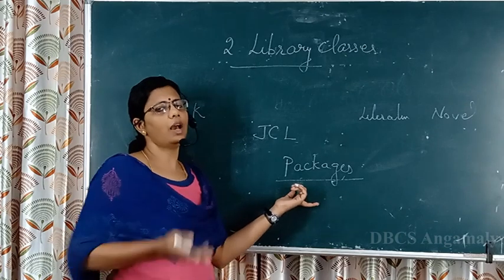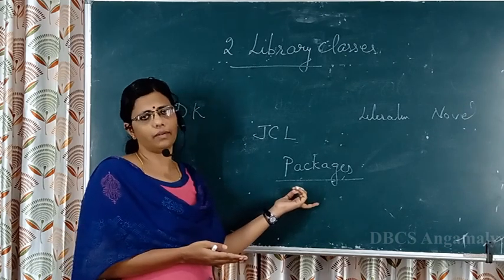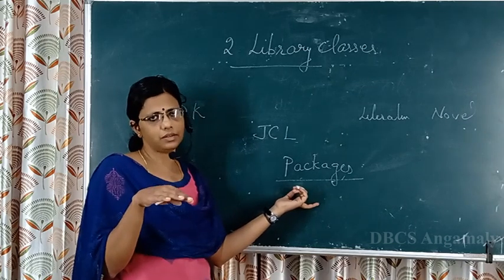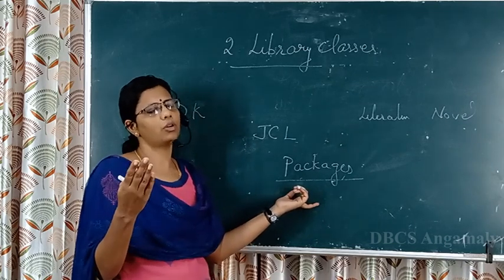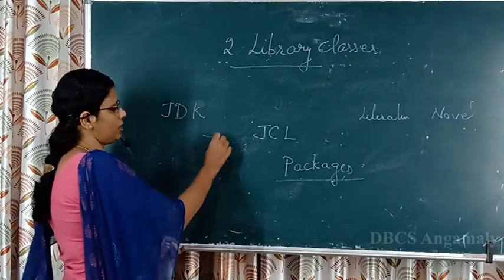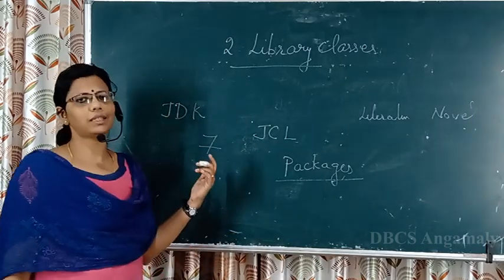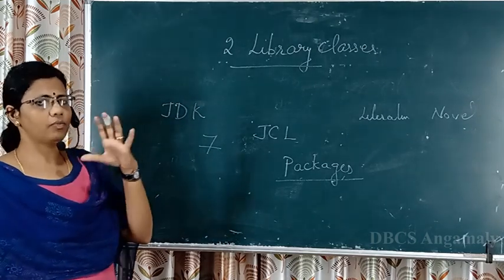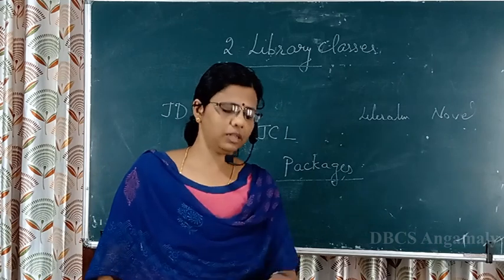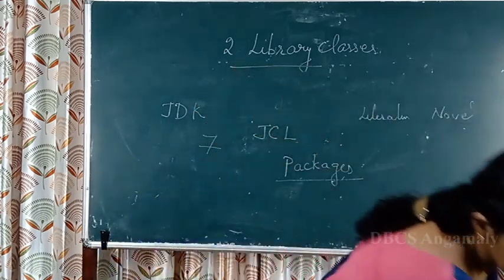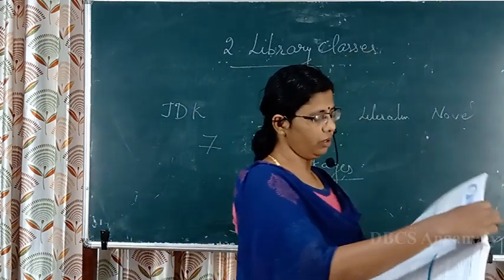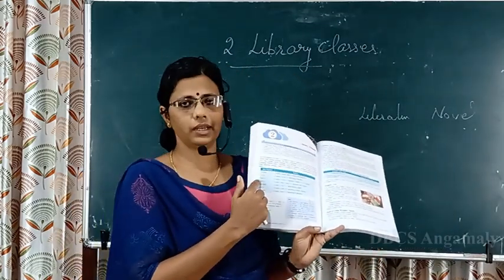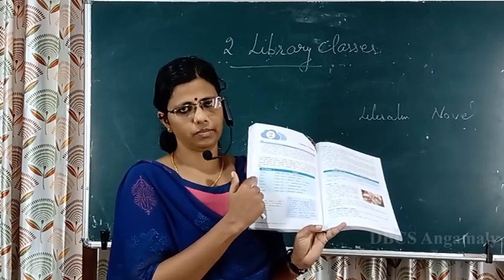As I said, we have so many packages available in Java, but for our requirement or for our level as beginners, we are just learning about 7 types of packages. And all these 7 types of packages, their names and their purpose, are very clearly explained in your textbook. If you could refer to this book, you can see this page, that is a blue box which contains your package names.